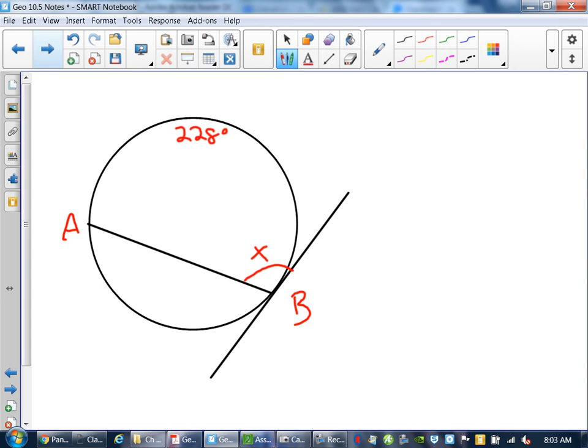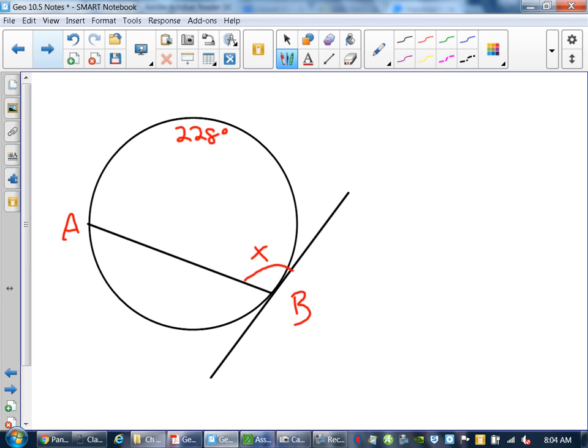All right, so let's start with one. So we have a circle, and then we have an angle created.